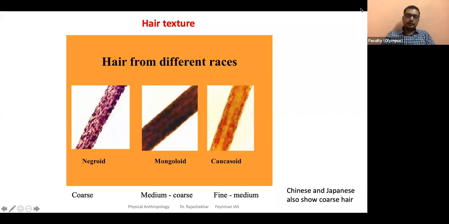And within Mongoloids, Chinese and Japanese also show coarse hair. As I was telling, mostly medium to coarse. Chinese and Japanese tend to show a coarse type of hair.